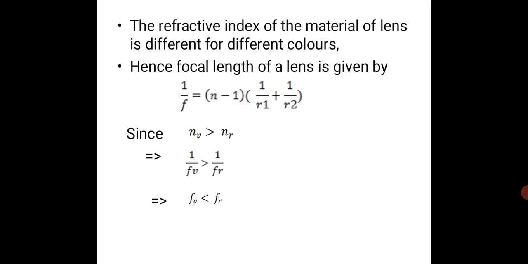Since nV is greater than nR, that is, the refractive index of violet ray is greater than that of red color, 1 by fV is greater than 1 by fR, or fV is less than fR. That is, the focal length for violet ray is less than the focal length for red color in a single lens.